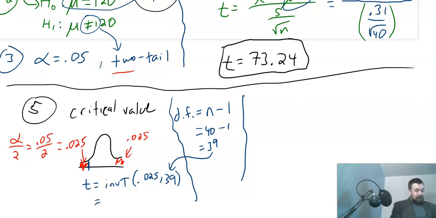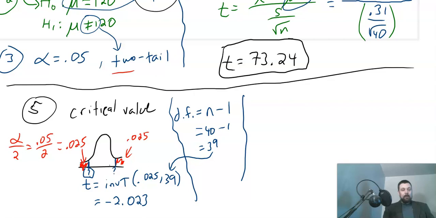All right, so what am I going to get here? Now this is for the left tail. We get inverse t of 0.025, comma 39. It takes a minute to calculate, and I get negative 2.023. I'll just go 3 decimal places on this. Now that's the critical value in the left tail.